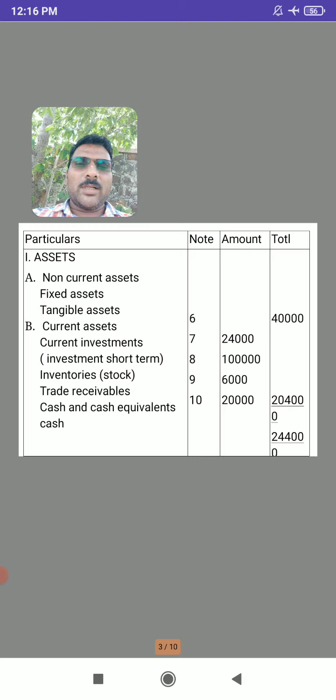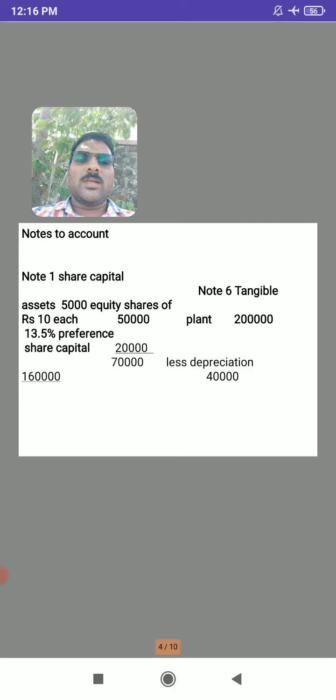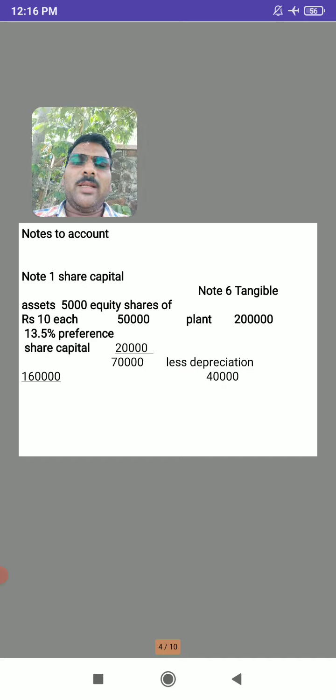Now it's our turn to calculate some of the asked ratios. First of all, see what the notes tell. Note 1 tells about share capital. Here the share capital includes 5,000 equity shares of rupees 10 each, which is 50,000, and 13.5% preference share capital of rupees 20,000.